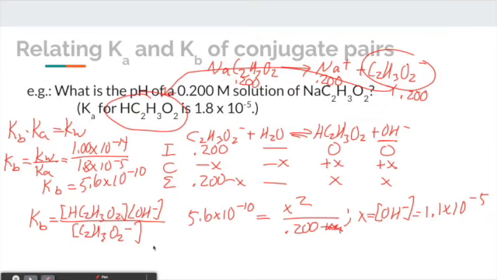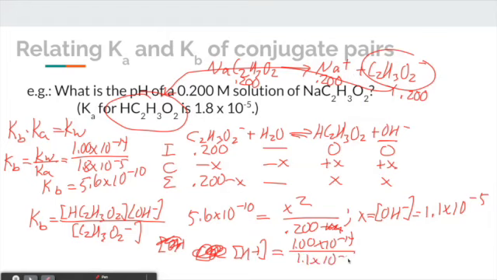So that means that the concentration of H plus is going to be equal to Kw, which is 1.00 times 10 to the minus 14th, over the concentration of OH minus, which is 1.1 times 10 to the minus 5, which comes out to 9.5 times 10 to the negative 10th.